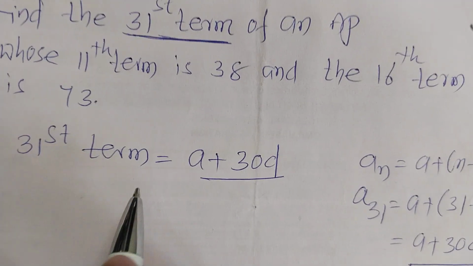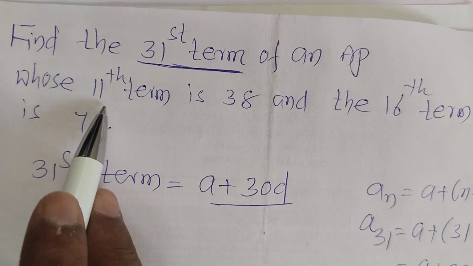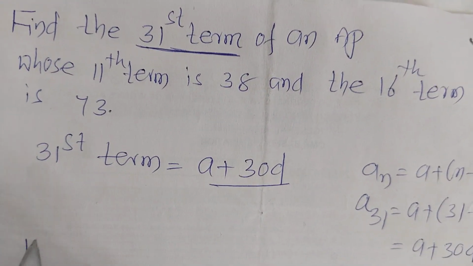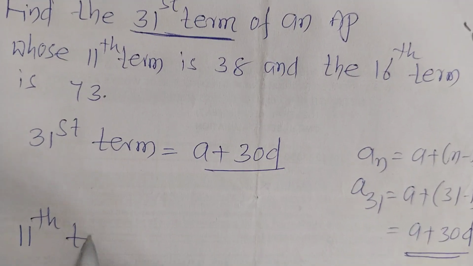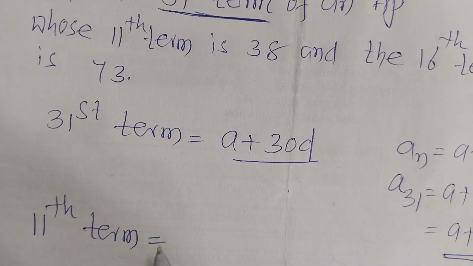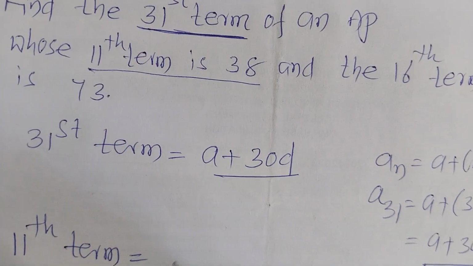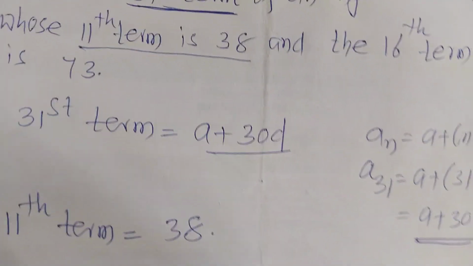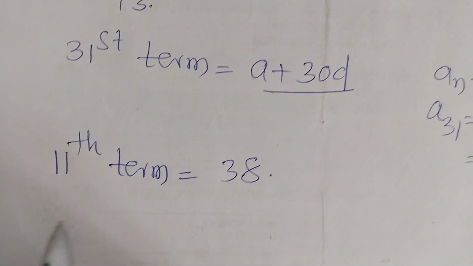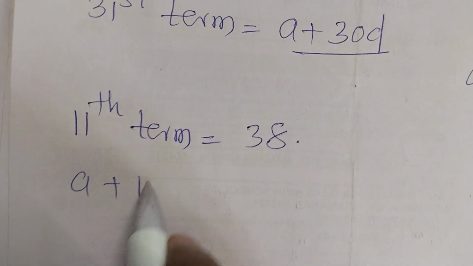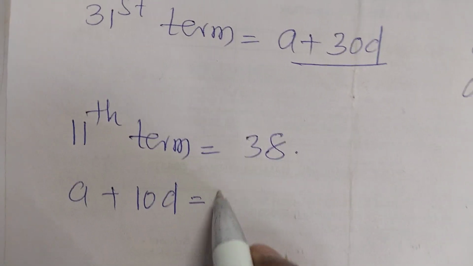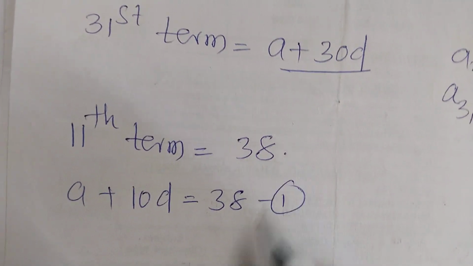Now here what we have, the 11th term equals 38. It can be written as A plus 10D is equal to 38, equation number 1.